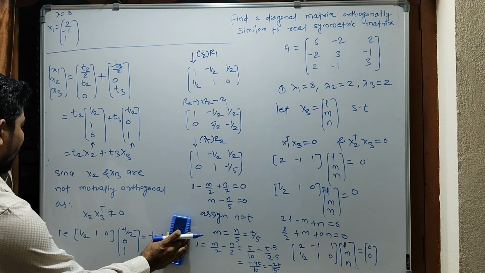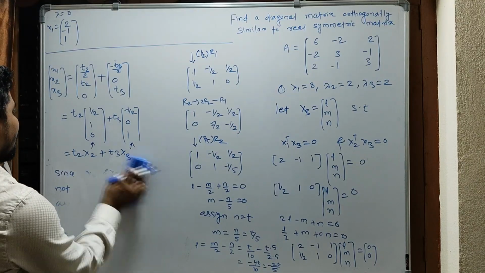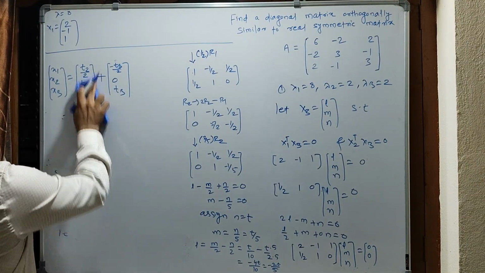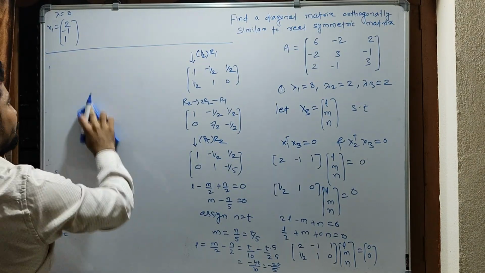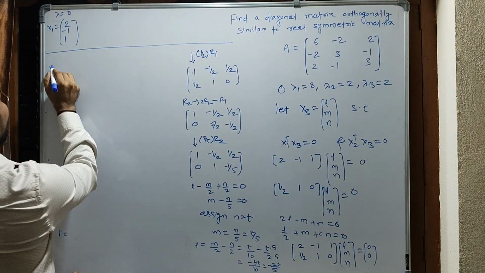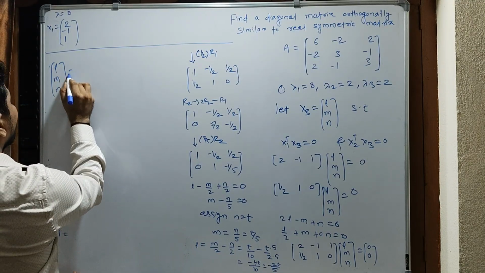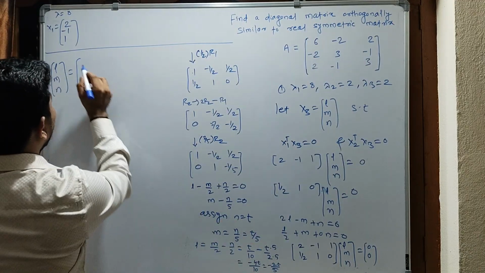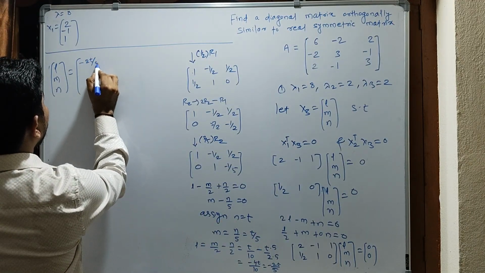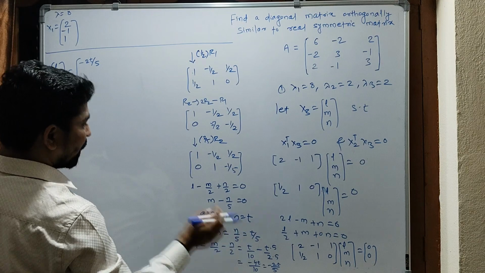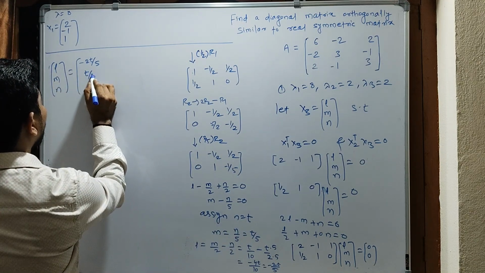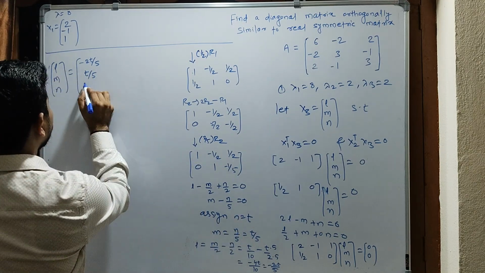So I want to write here. So this is equal to, therefore L, m, n: here my L is minus 2t by 5, my m is t by 5, my n is t.